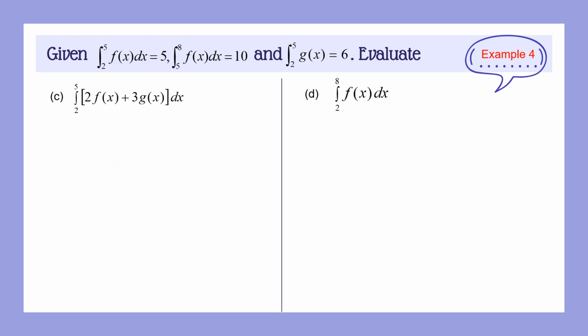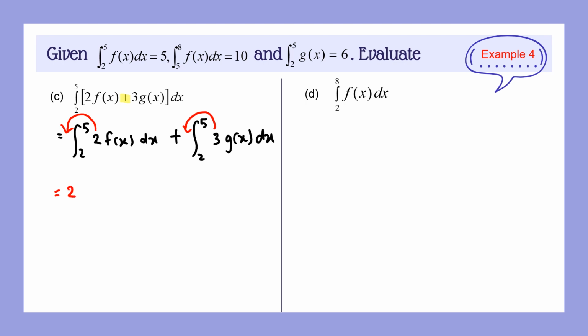Now let's continue with example 4C. Integrate from 2 to 5, 2f(x) plus 3g(x) dx. Since we have a plus here, we can split into 2 parts. So, we get integrate from 2 to 5, 2f(x) dx plus integrate 2 to 5, 3g(x) dx. And then we can bring out 2 to the front, and then we can bring out 3 to the front.